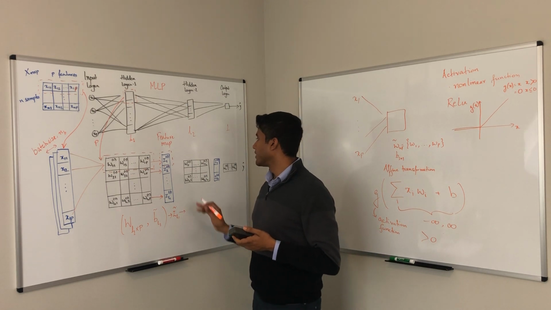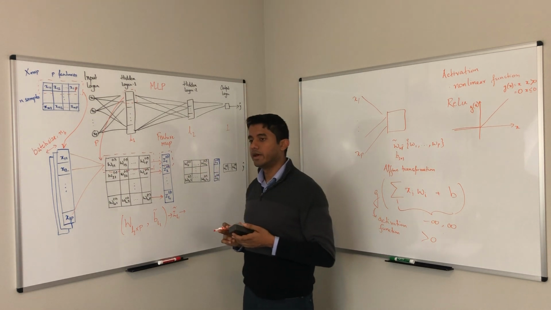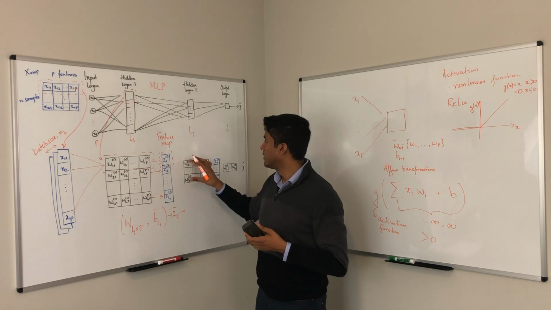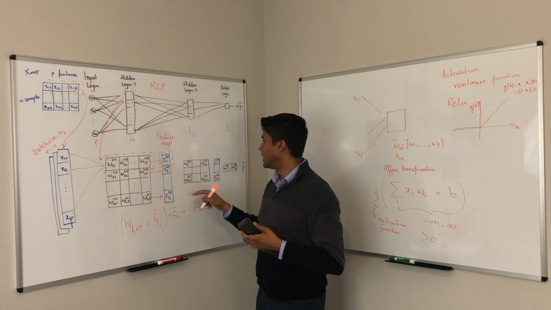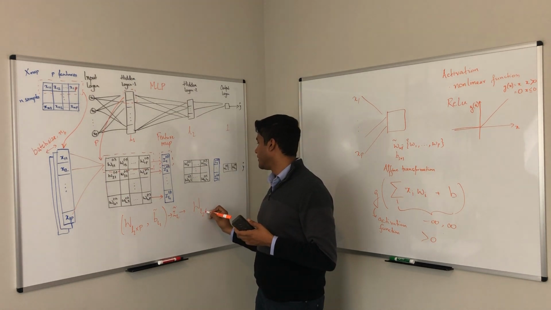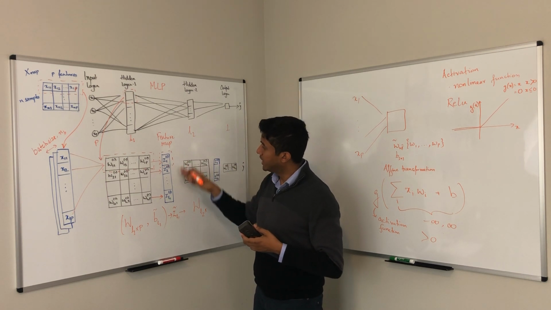This output goes as an input to the second layer. And what are the parameters in the second layer? Again a weight matrix, with number of rows equal to the size of the layer L2, and number of columns equal to the size of the input features.